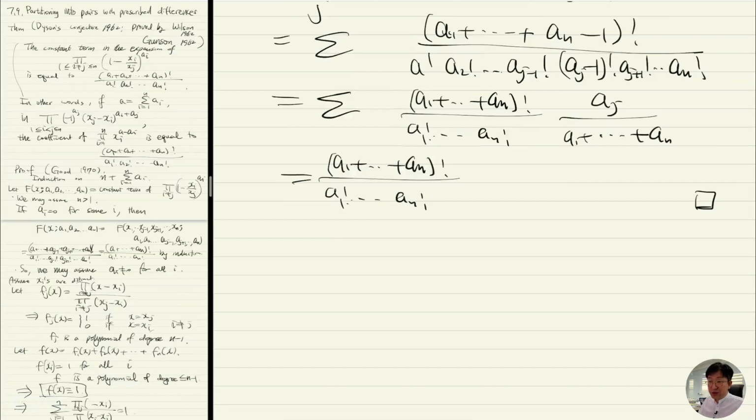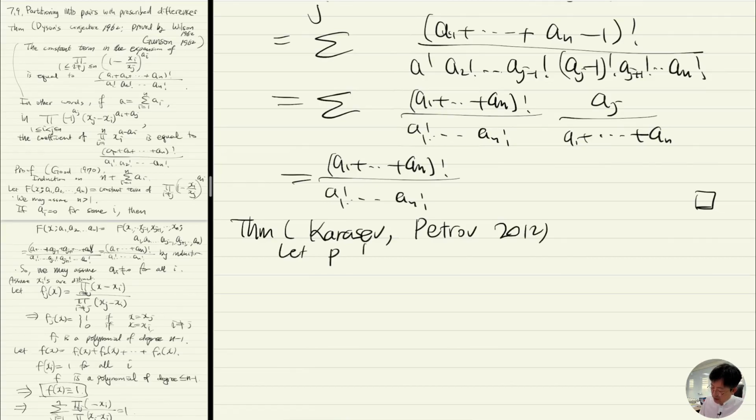Now we're going to use this theorem, which was a conjecture of Dyson, to prove an interesting theorem on partitioning the numbers into pairs. So here's the theorem. It's due to Karasev and Petrov in 2012.